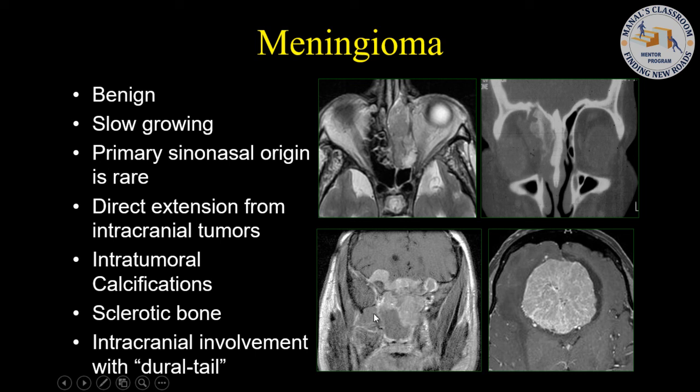And part of the way I'm giving this talk is you've probably heard of every one of these disease entities, but you may not have put it in a format in which you can understand it. So the whole goal of this is every one of you has heard of meningioma, but when the referring physician sends you a sinonasal study to review, they don't want, it could be X, Y, and Z. They know that they can biopsy it.